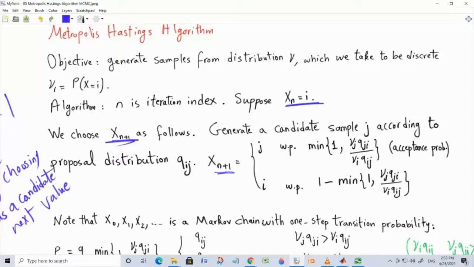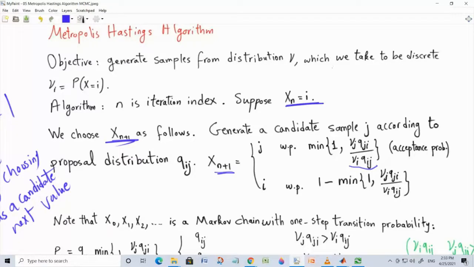So the actual x of n plus 1 will be j, the candidate is accepted, with a certain probability, and unsurprisingly this probability is called the acceptance probability. And this probability is the minimum of two quantities, 1 and this thing here.